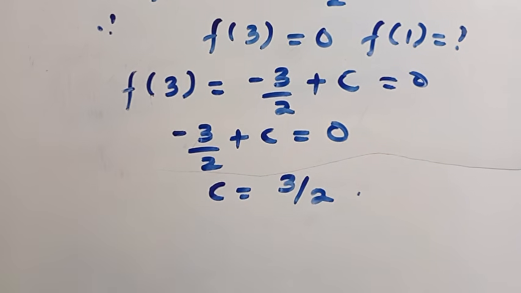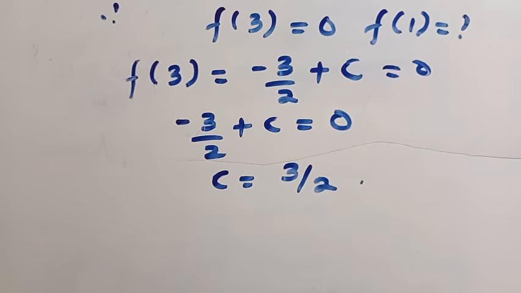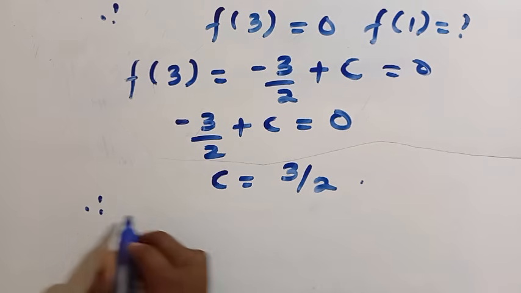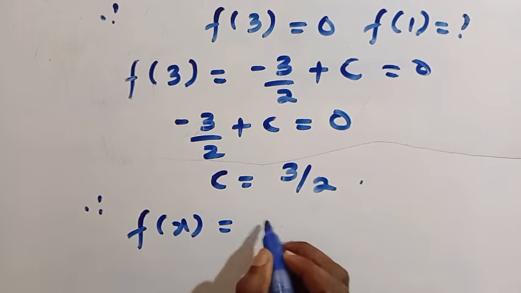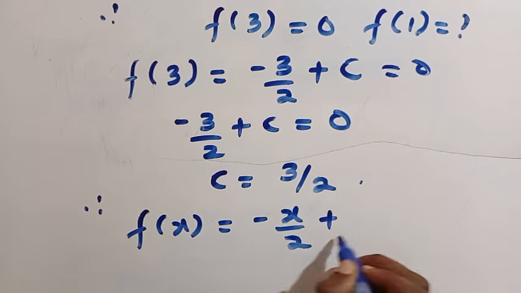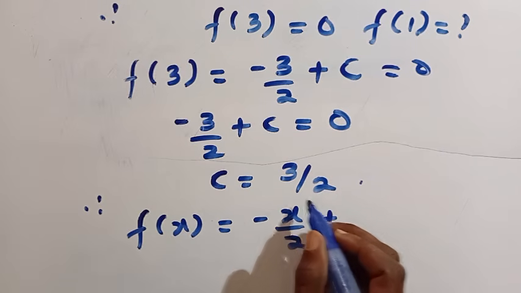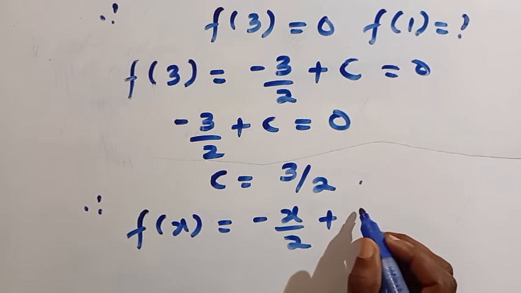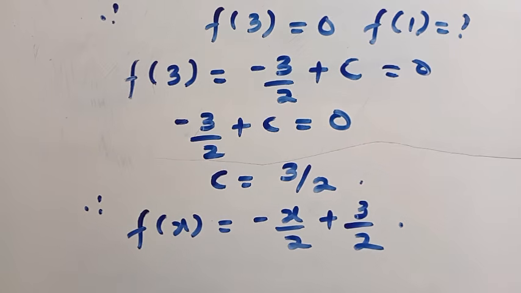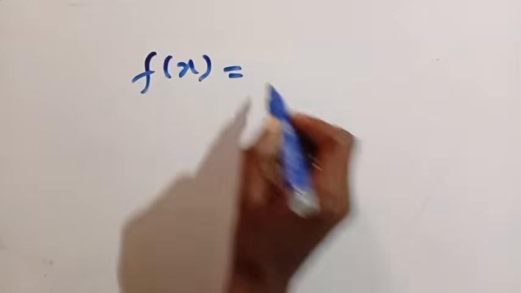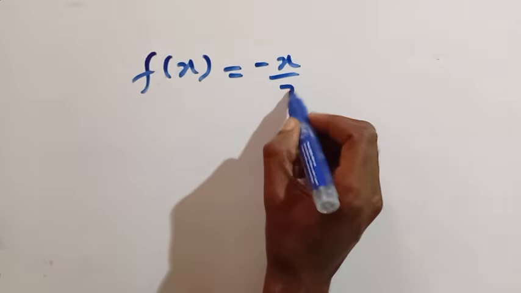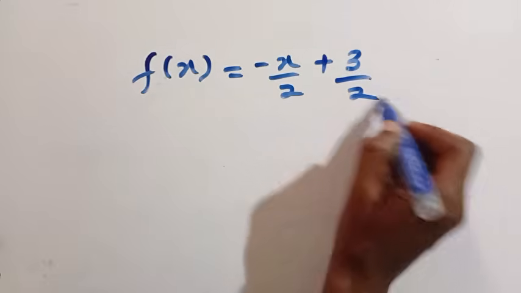Getting this 3 over 2, we substitute back into f of x equals minus x over 2 plus c, and the new value of c is 3 divided by 2. It is now very easy for us to get f of 1. Hence we have f of x equals minus x over 2 plus 3 over 2.